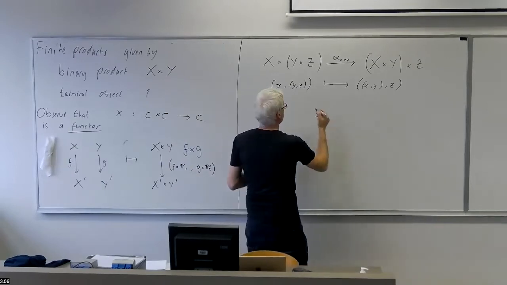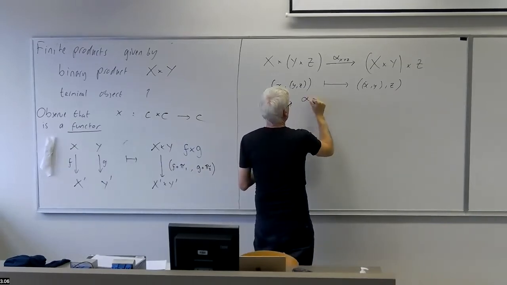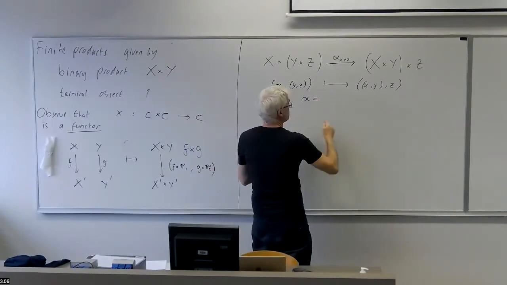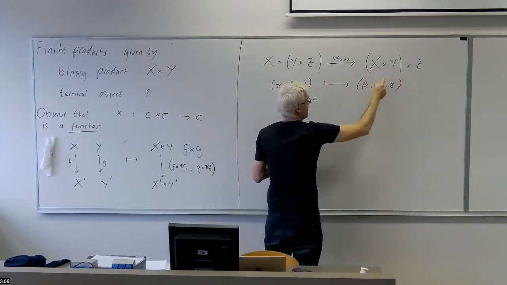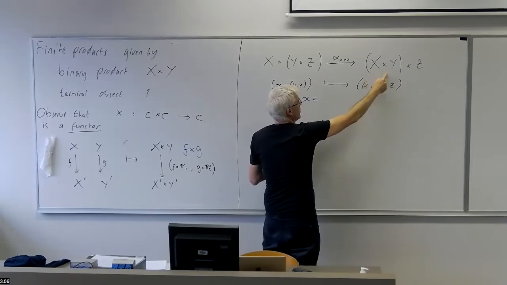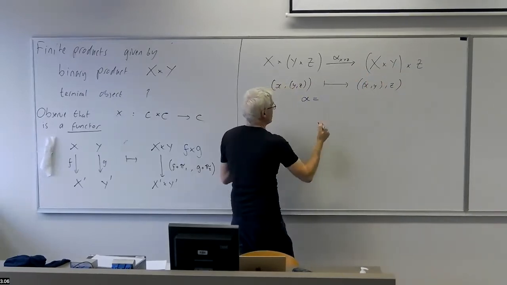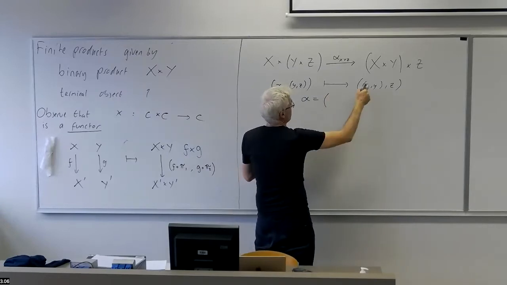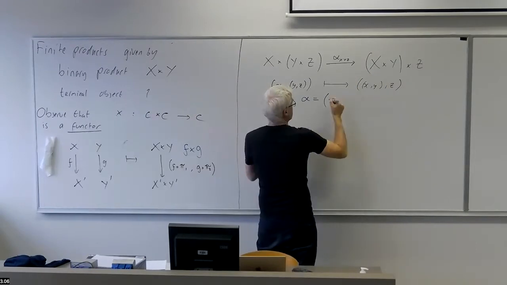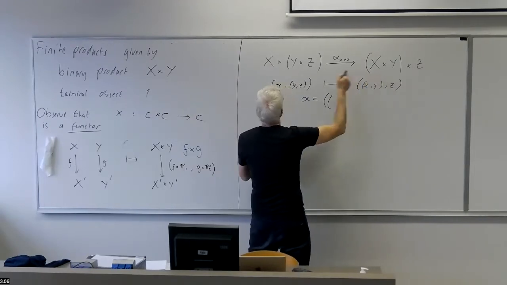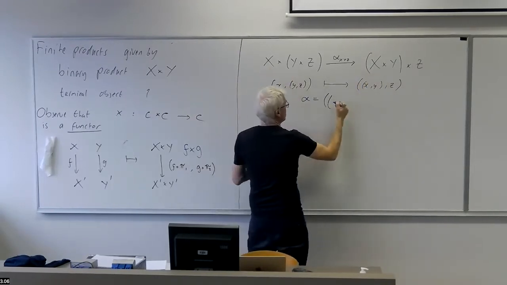In a general category, we can define alpha as follows. We want to give a map into a product, so that's a pair of maps, where the first component is itself a map into a product, so that's again a pair of maps. The map into the first component is going to get the x component out, so that's the first projection.